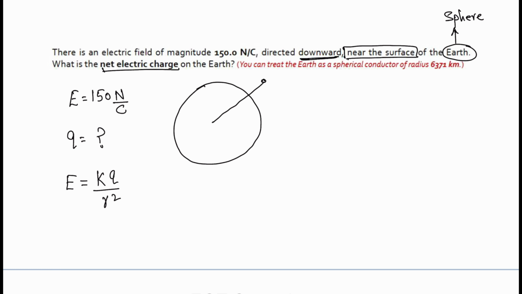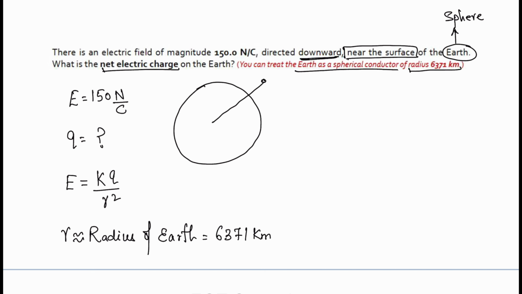Sure? But what we need to understand: you can treat earth as a spherical conductor with a radius. So we can take this as nearby, because if something is near to earth, r is approximately equal to capital R, the radius of earth, then we can use the same value, 6371 kilometer, which is equal to 6371 times 10 raised to power 3 meter. We are looking for charge.